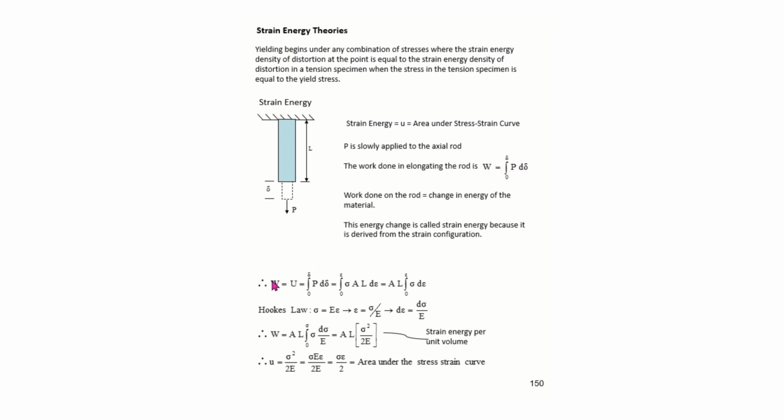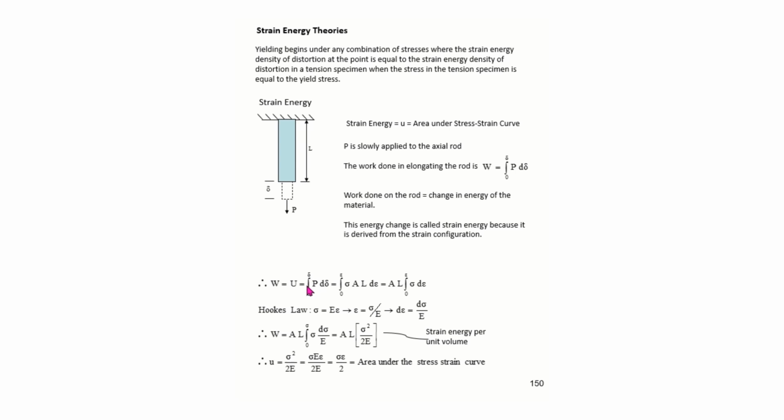And we can see that the work done is equal to capital U now, the integral of P d delta. And we know for an axial rod that the stress is given by stress equals force over area.